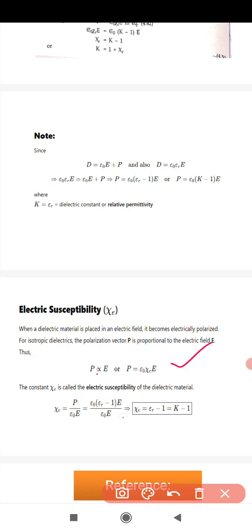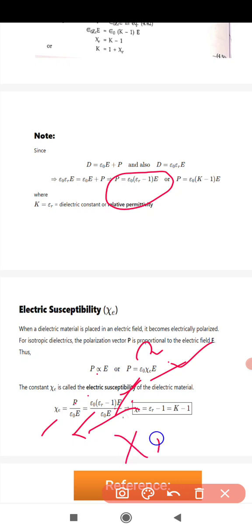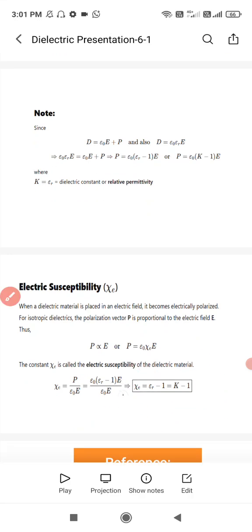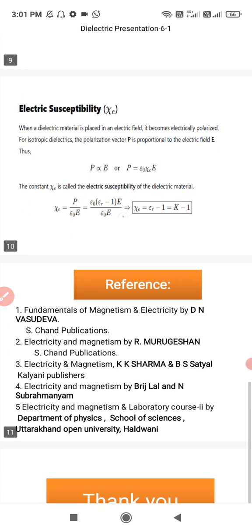This proportionality constant is replaced by the term epsilon naught into chi E. Chi E is equal to P divided by epsilon naught into E, and P is also epsilon naught into epsilon R minus 1 into E. In this case, epsilon naught into E will be cancelled. Therefore, chi E is equal to epsilon R minus 1, or K minus 1. This is the relationship between susceptibility and dielectric constant.